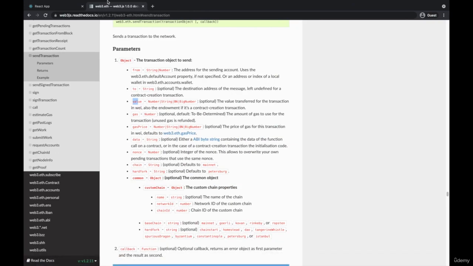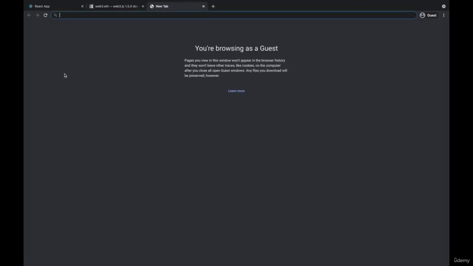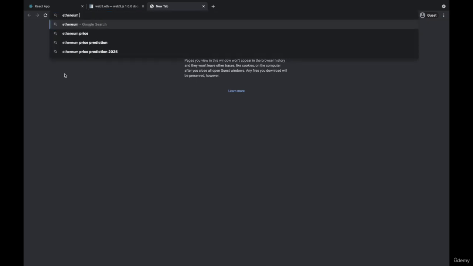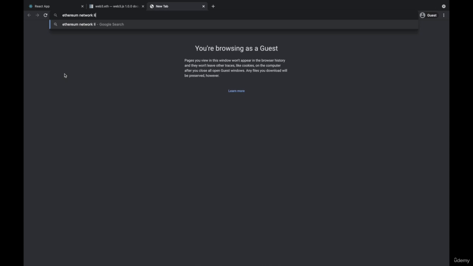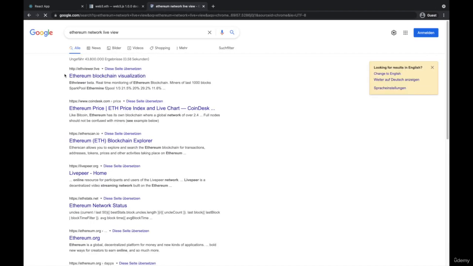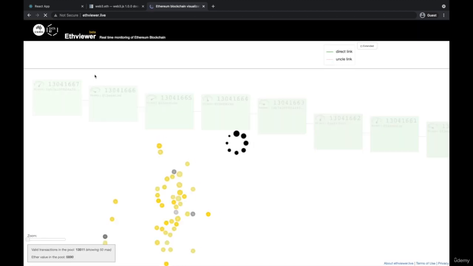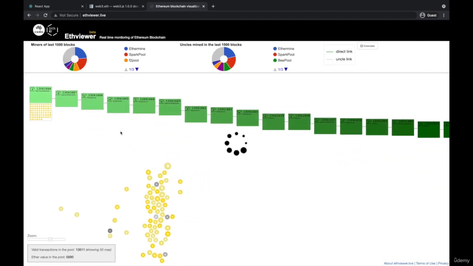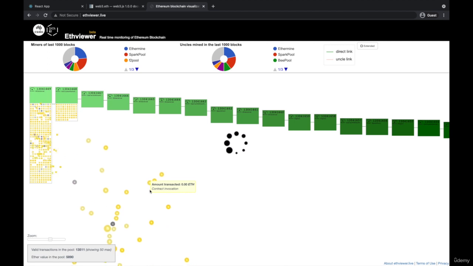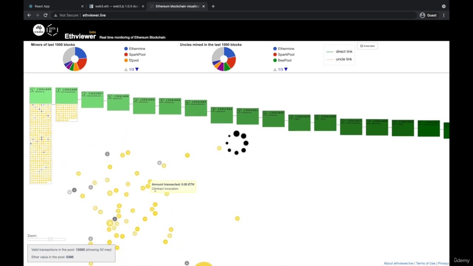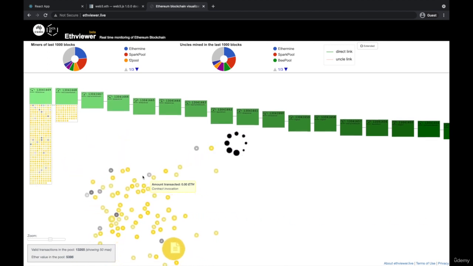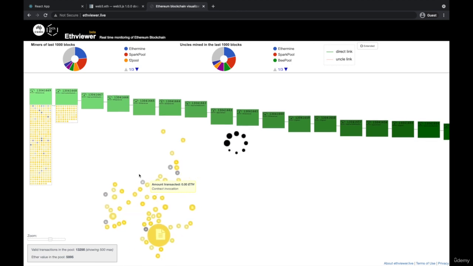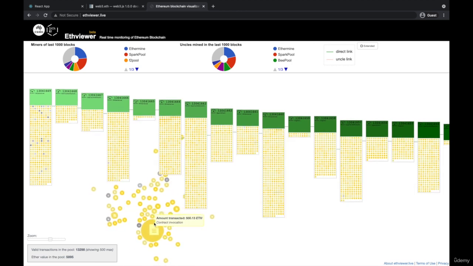Let's go to the browser, open a new tab, and search for Ethereum Network Live view. This one here shows how you can visualize the Ethereum network. You can see these transactions in the mempool, and lots of transactions are added every second. That's a transaction to send ether, that's a transaction to call smart contracts, and so on.